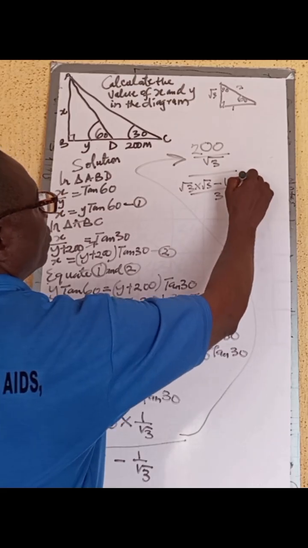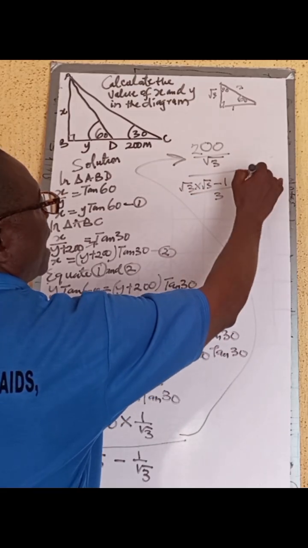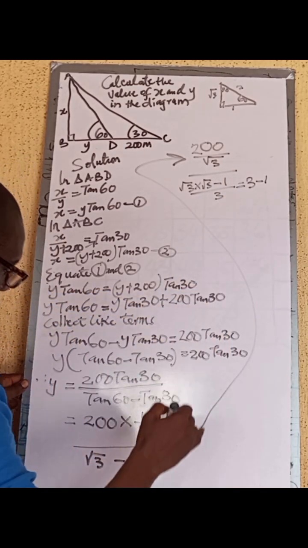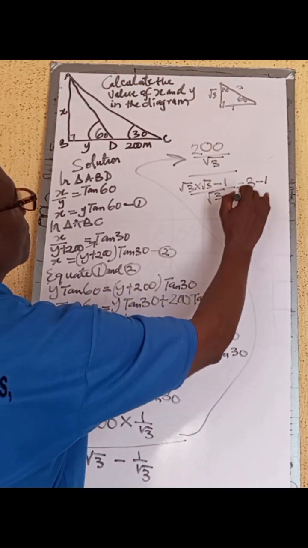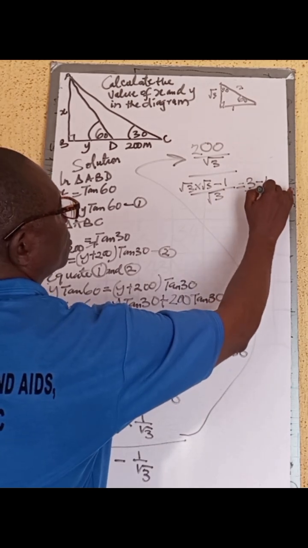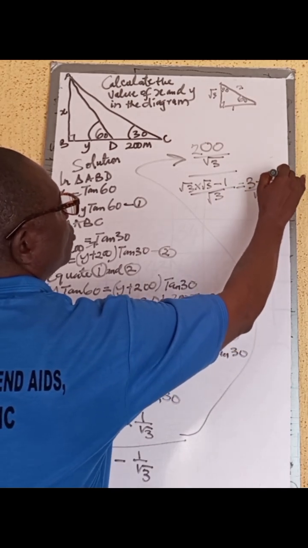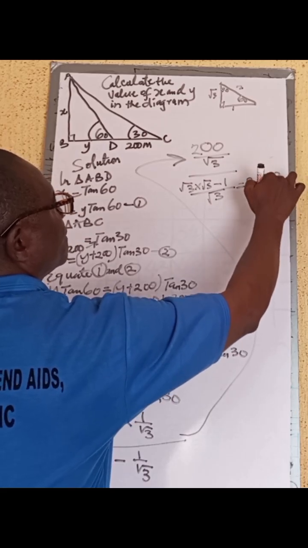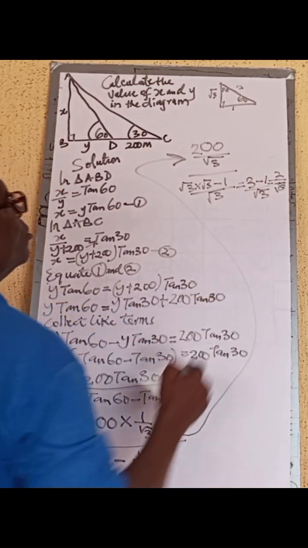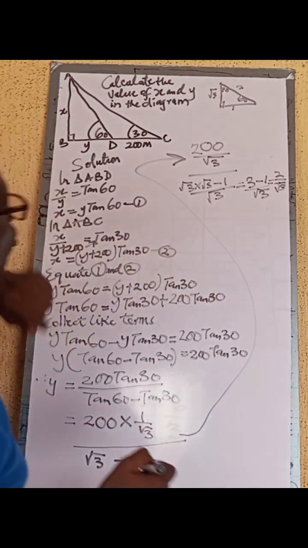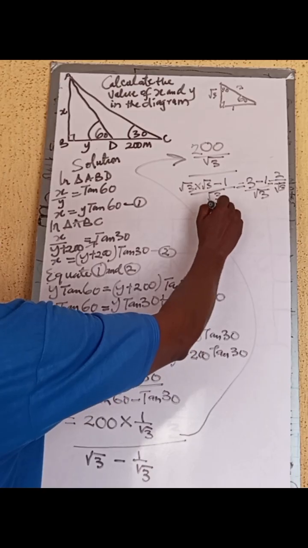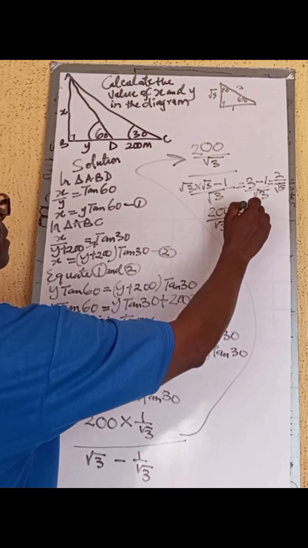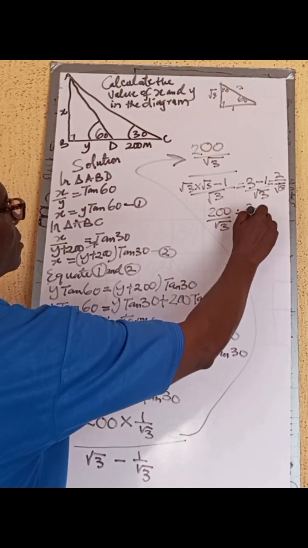Which is going to give you 3 minus 1, all over root 3. So this will now be equal to 2 over root 3. So we now have 200 over root 3 divided by 2 over root 3.